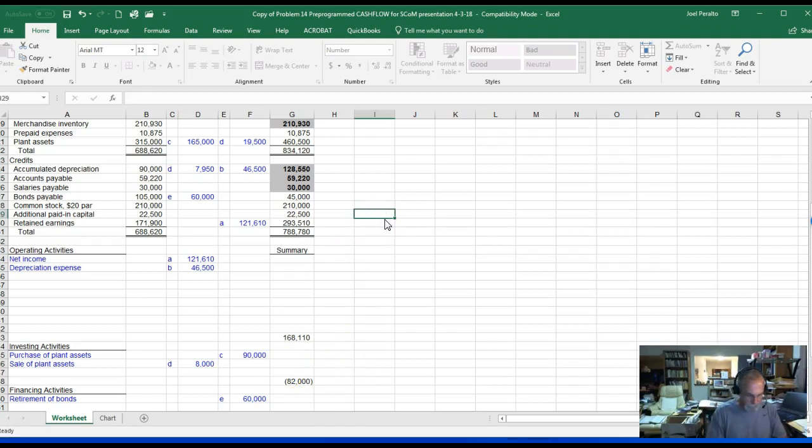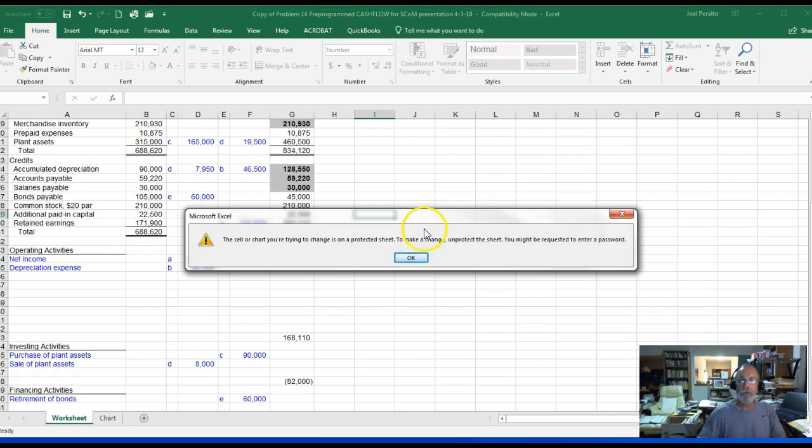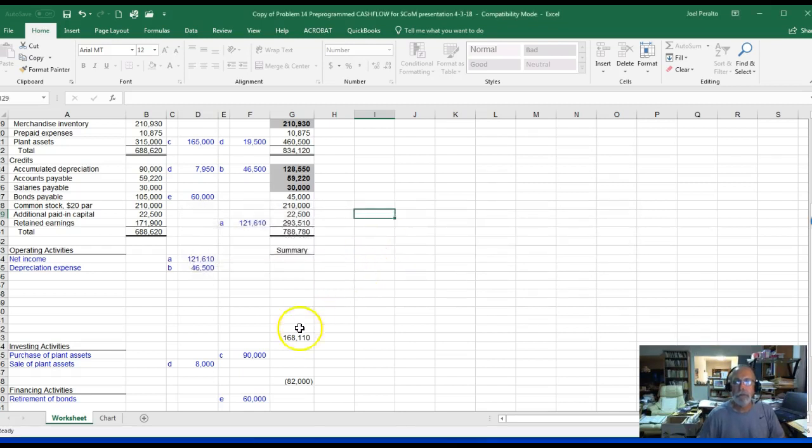Let's take a quick look. Our cost was 19.5 and our accumulated depreciation was 79.50, so our book value was 11,350. I'm sorry, 11,550, and we received 8,000 for it.